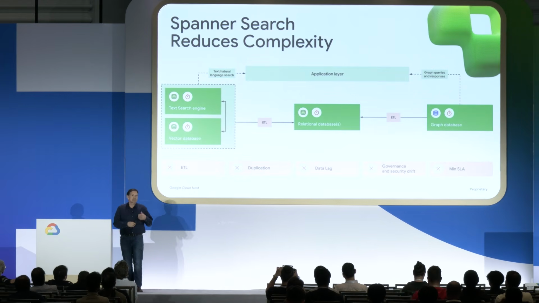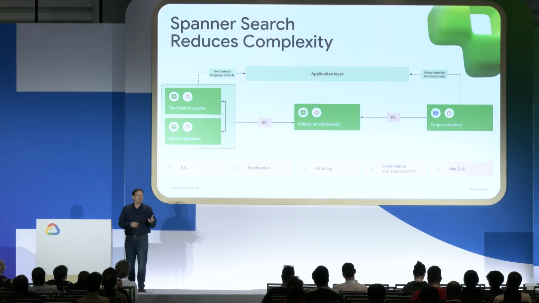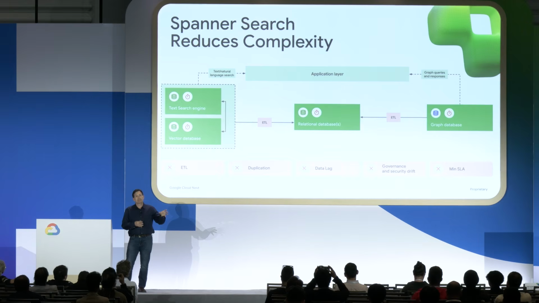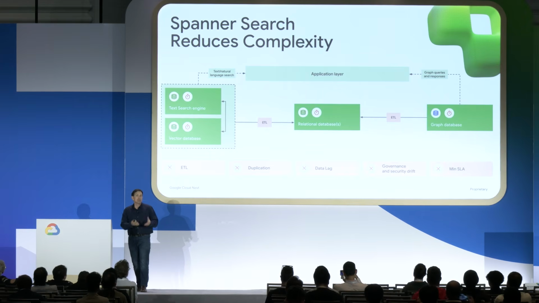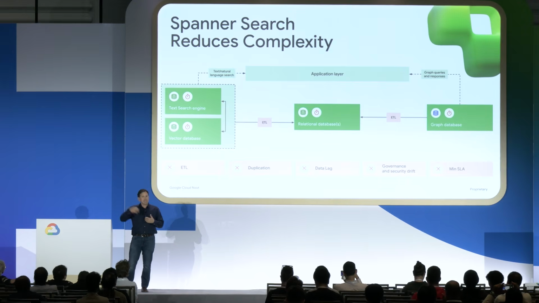Now, I mentioned that to solve a lot of these search problems, traditionally anyway, you had to run a whole separate platform. And the problem with that is it introduced all kinds of problems, especially in the case where the data originated from a database. You had to copy data to something else to search it.